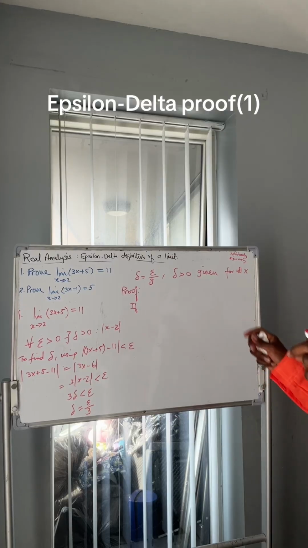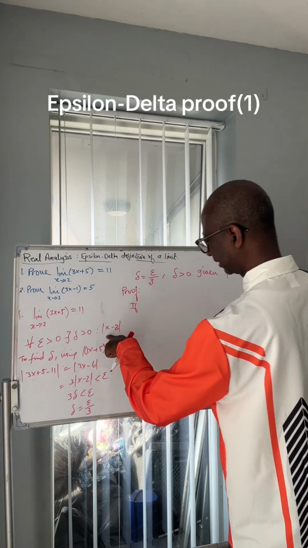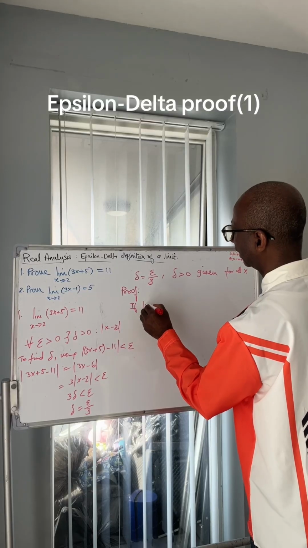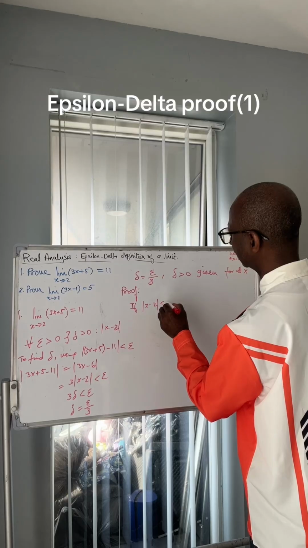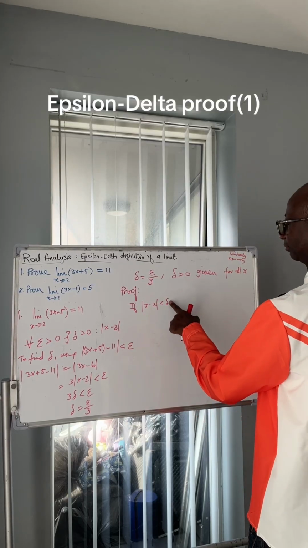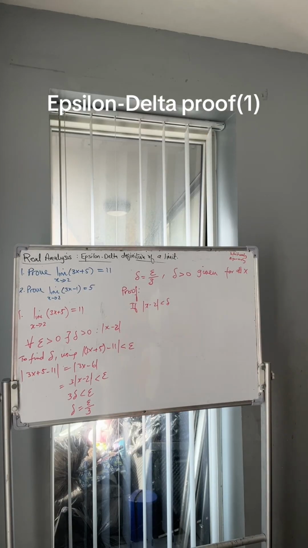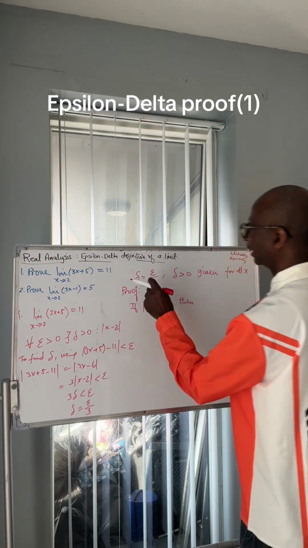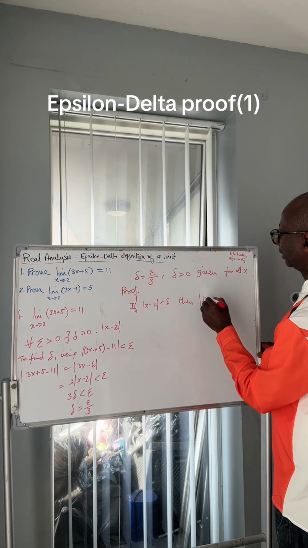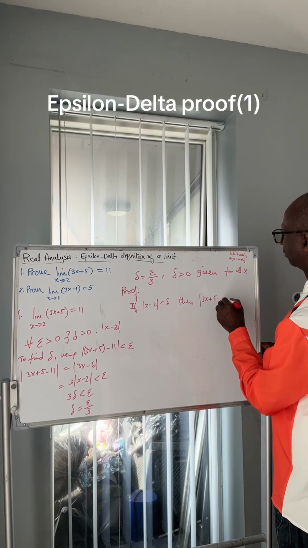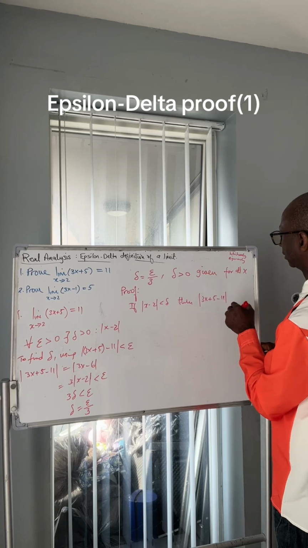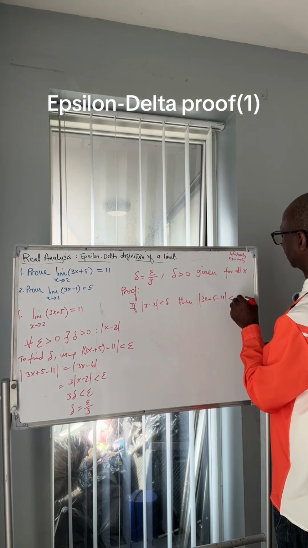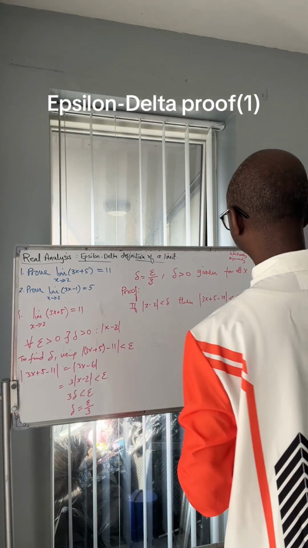You start the proof by stating this thing: if the absolute value of x minus 2 is less than delta, then 3x plus 5 minus 11 is less than epsilon.